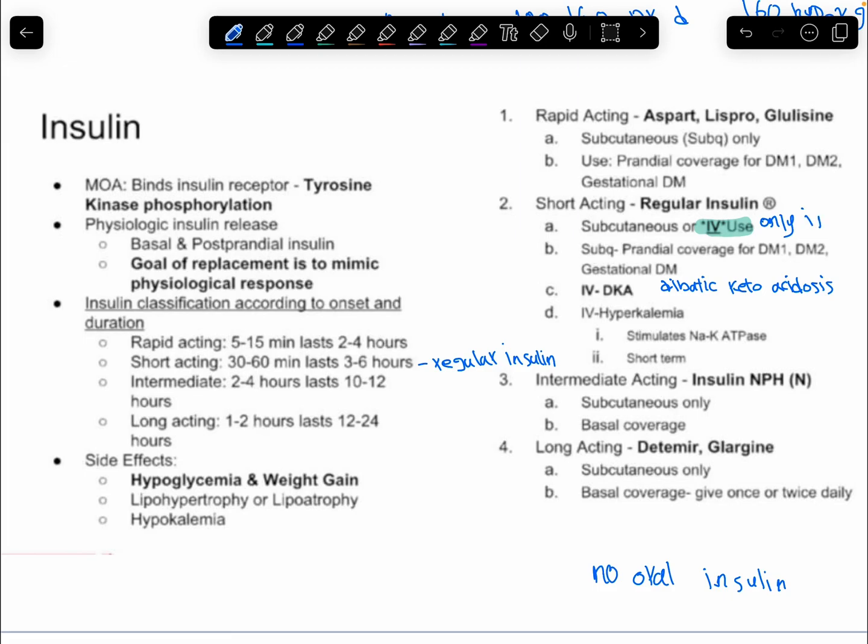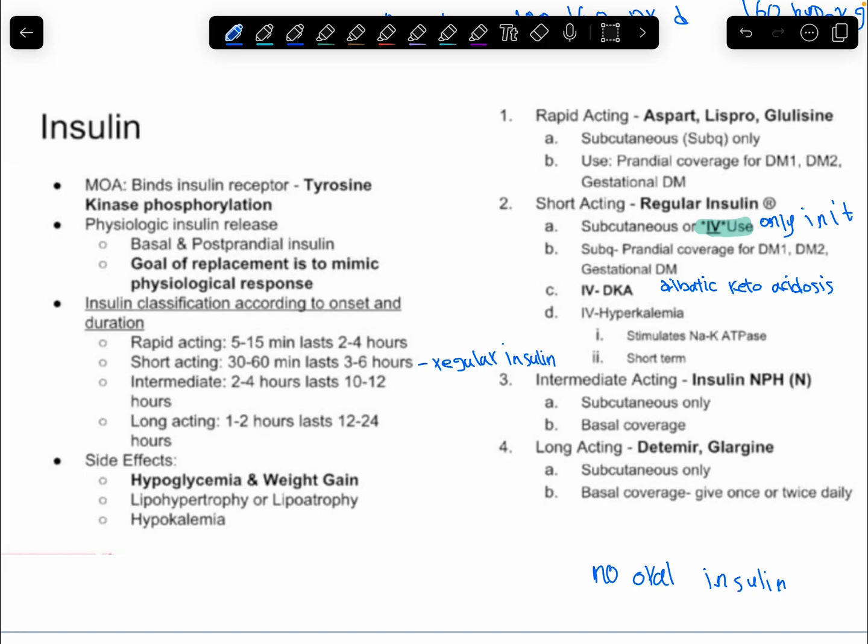This is the first IV use. Second one, we use it IV in the treatment of hyperkalemia. What will happen in hyperkalemia? There is increased level of potassium.